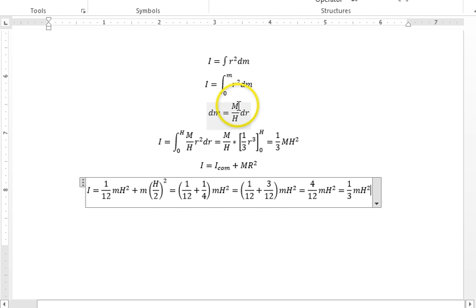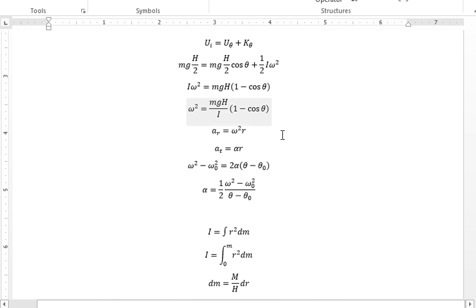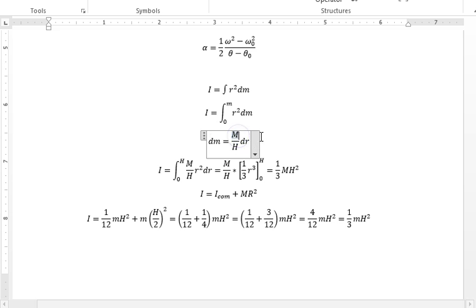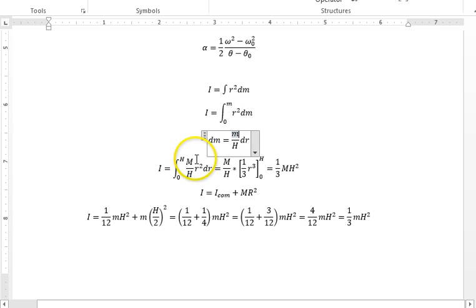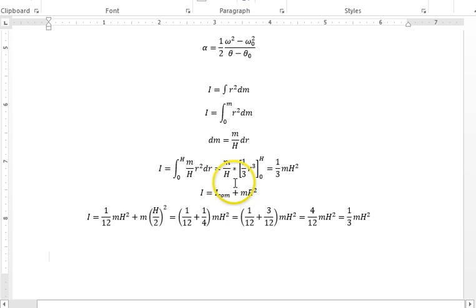I have no idea why I switched to big M there. Little m. So we have the moment of inertia as 1/3 mh squared.